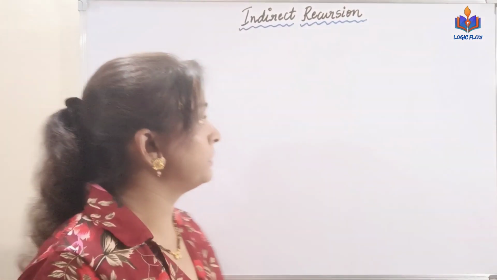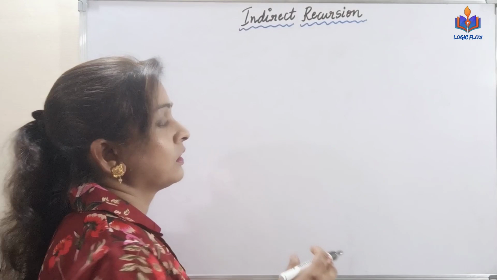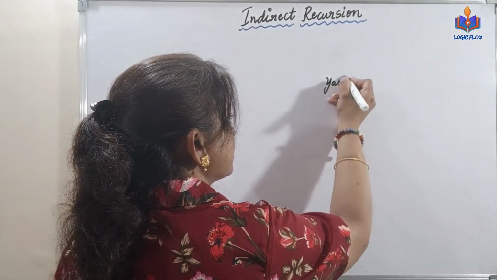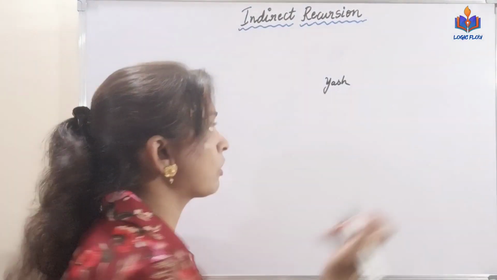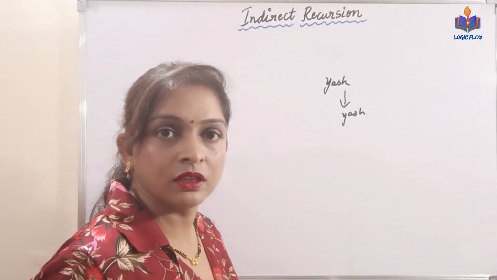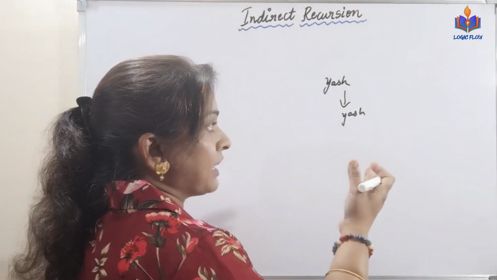So for example, if I call myself, I just say Yash, I call Yash again, so I'm calling myself. This is direct recursion.